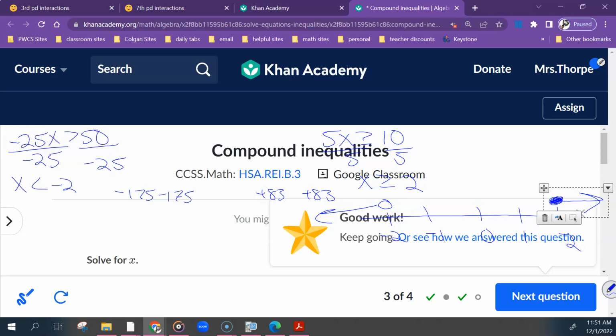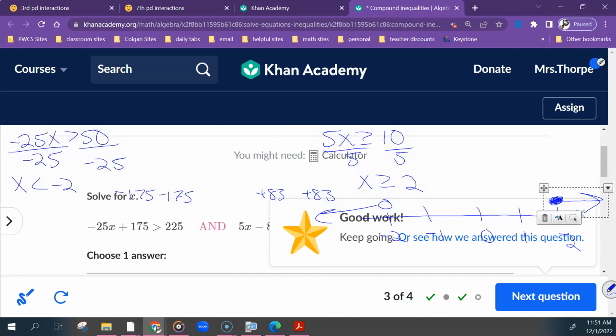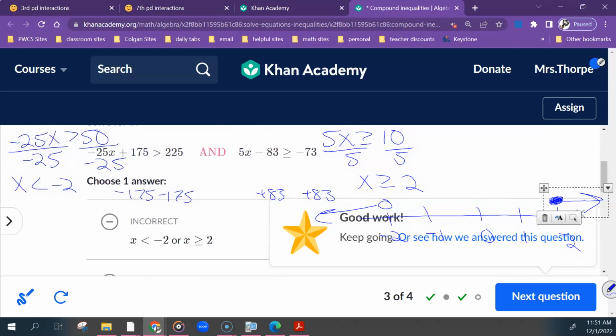Anyway, if it's an and inequality and it does not overlap at all, no solution. Some of the other choices, this should have told you this would not be the right answer because this is or and we're dealing with and.